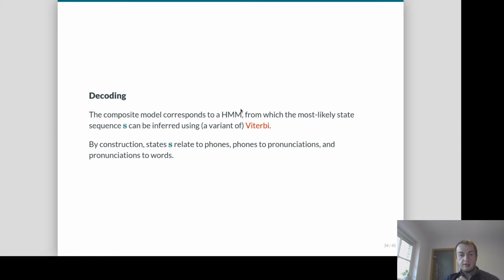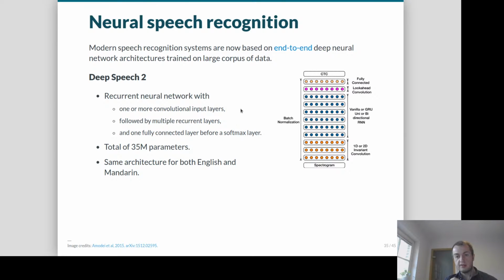But to be honest, this kind of system shows limitations, and so none of the state-of-the-art systems based on this kind of approach are used nowadays. Instead, now all speech to text systems are based on neural networks again. So this is not surprising.